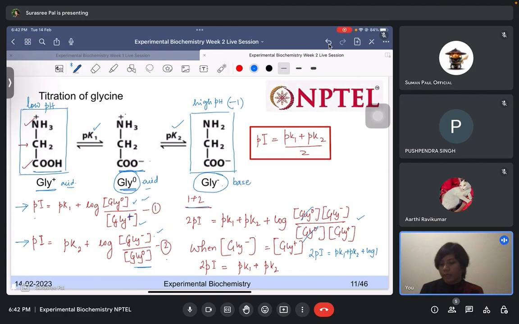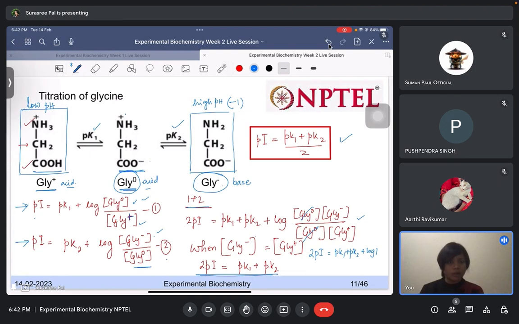So therefore we will get this particular equation, which is 2pI equals pK1 plus pK2, right? And from that we can easily determine the pI, which will be pK1 plus pK2 divided by 2, right? So that is the equation with which we determine the isoelectric point of amino acids. pI equals half of pK1 plus pK2.